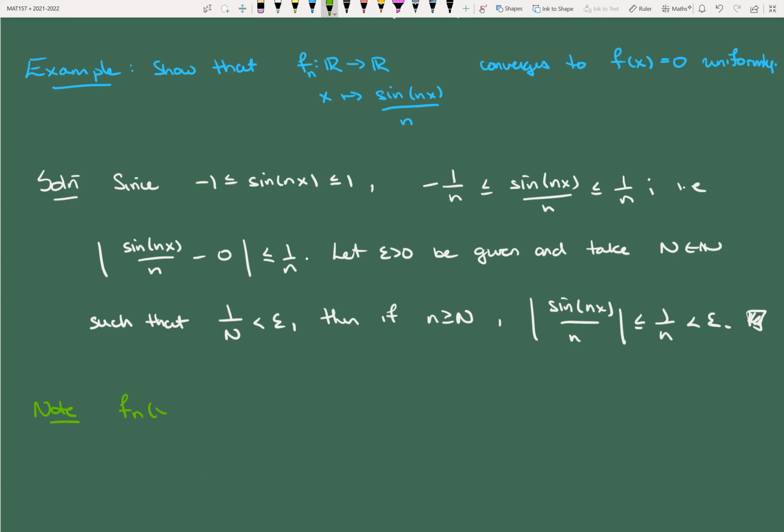So if fn(x) is sine nx all over n, then the derivatives, what are we going to get? Just cosine nx, right? And that doesn't converge as n goes to infinity.